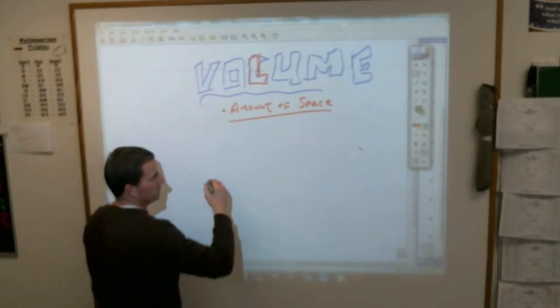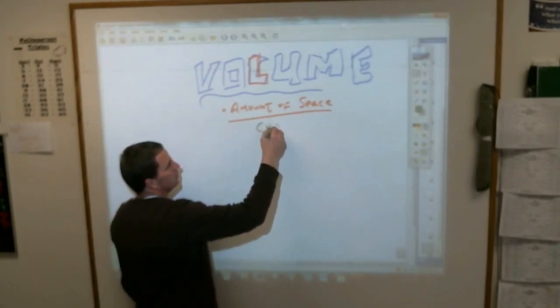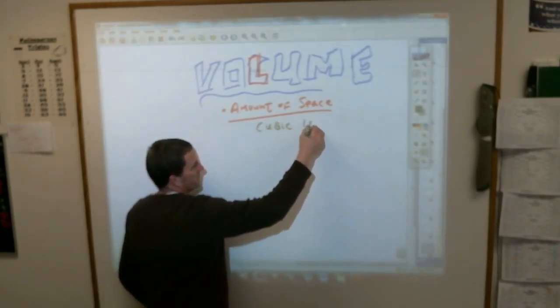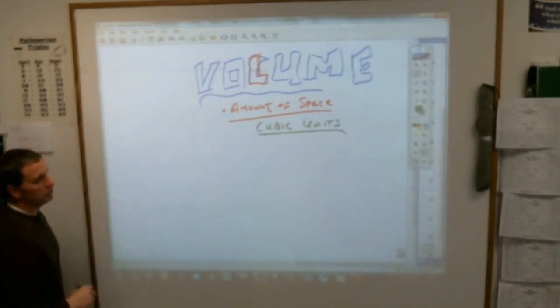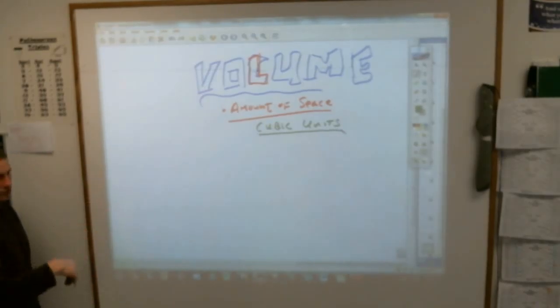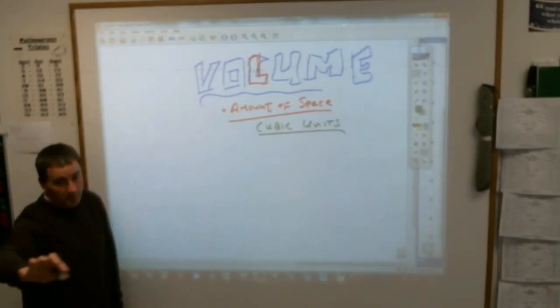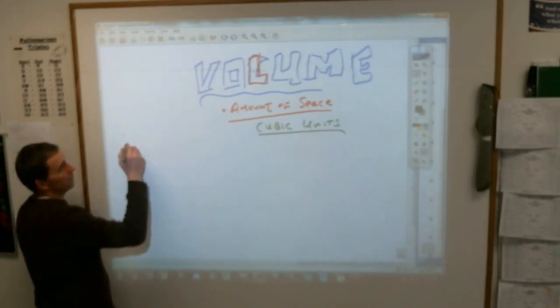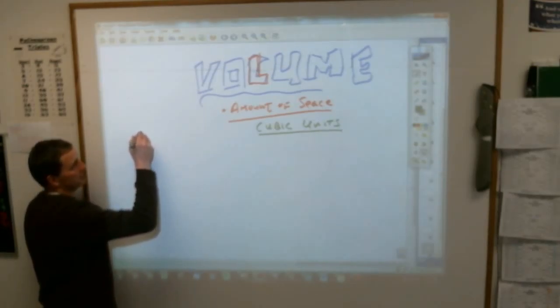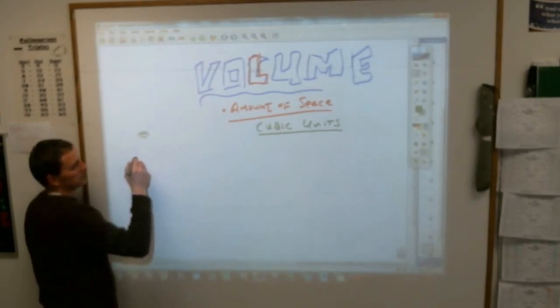And it is measured in what's called cubic units. It's measured in cubes, just like area is measured in squares. Depending on what measurement you're using, that's how big your cube is. For example, if you were drawing a cubic centimeter, that's not even close, it doesn't look like a cube.